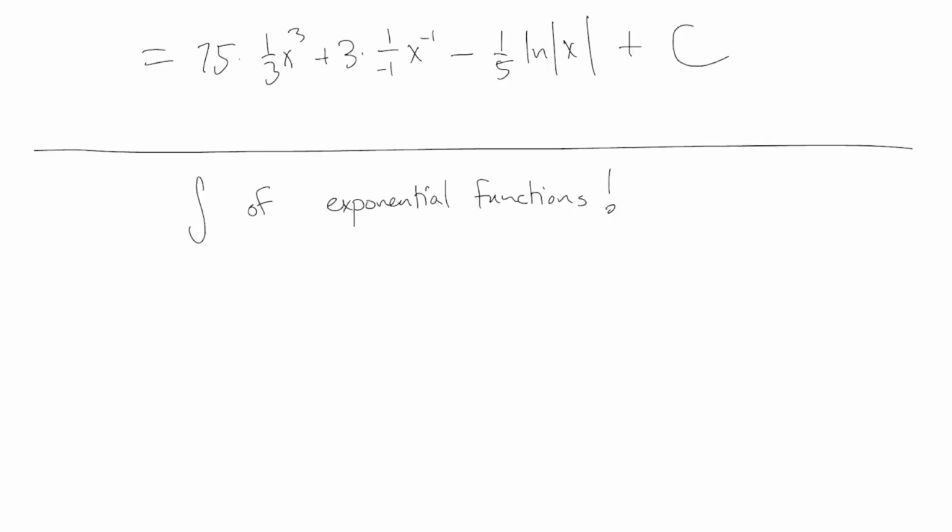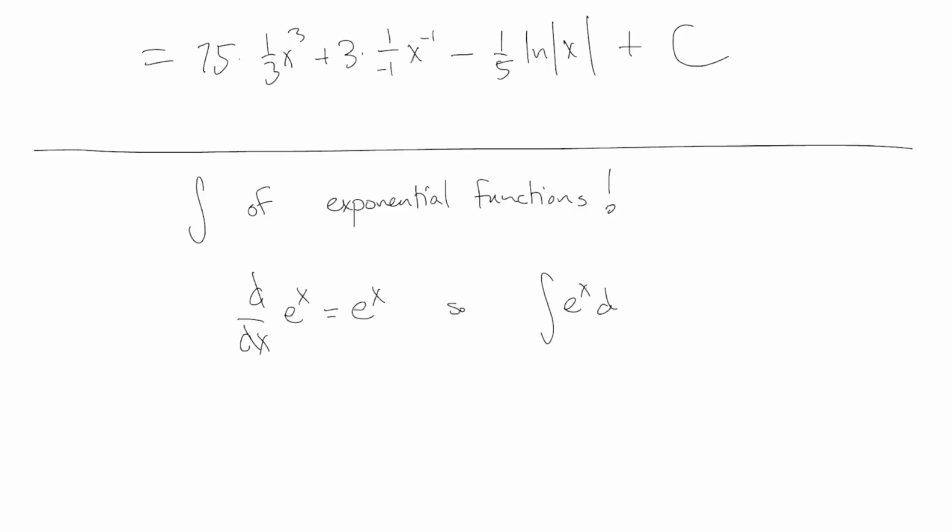I'm talking about stuff like e to the x or like 2 to the x or something like that. The integral formulas for those are fairly simple because they have such simple derivative formulas. For instance, everybody remembers, derivative of e to the x is e to the x. So what is the antiderivative of e to the x?